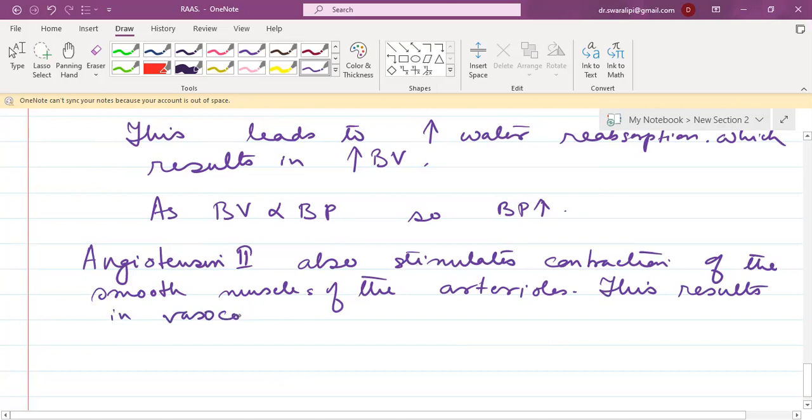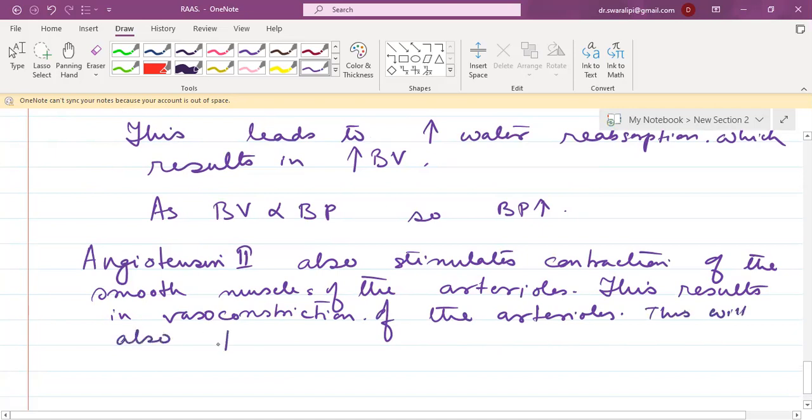Because of vasoconstriction of the arterioles, if the diameter of the blood vessels decreases, this will also do what? Increase the blood pressure.